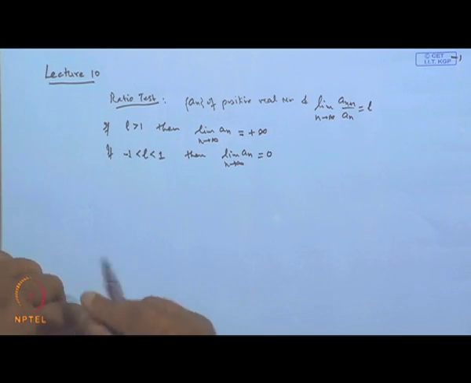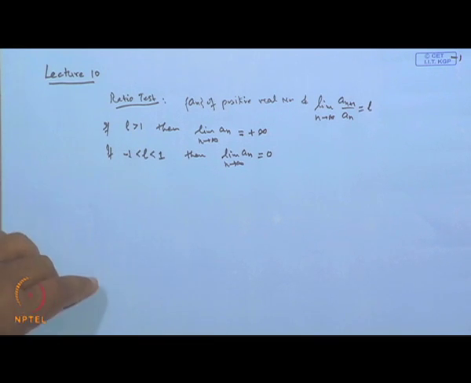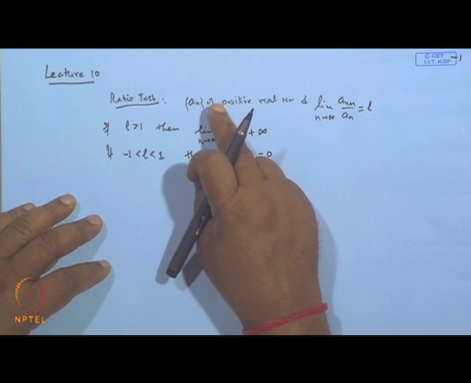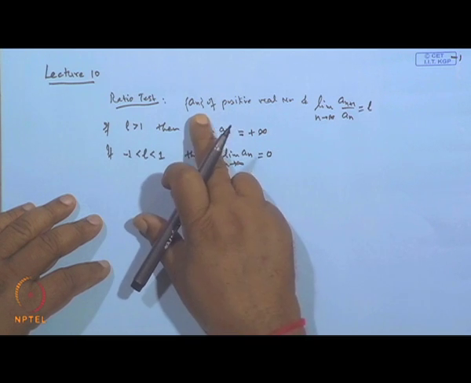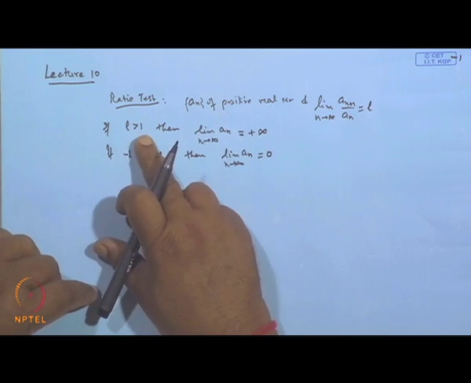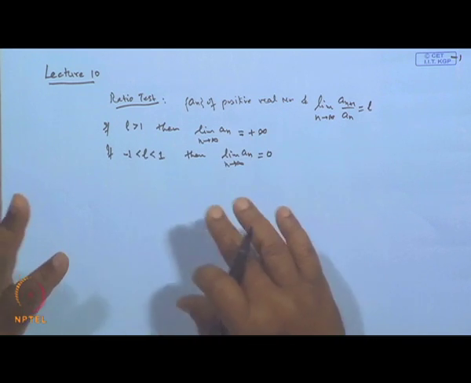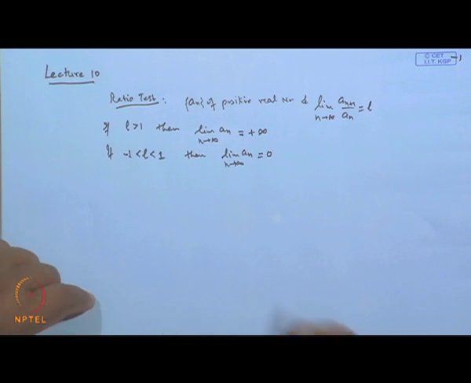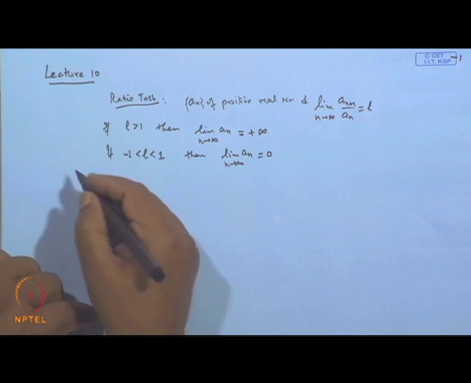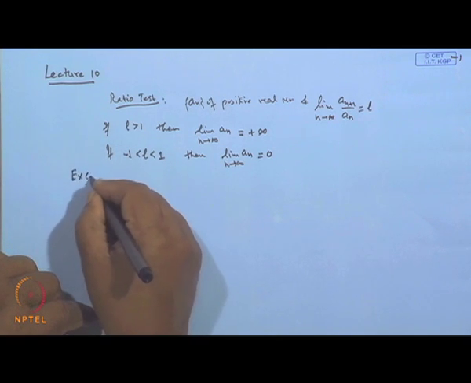And a particular case is when L is less than 1. If the terms are negative, then we can take the minus sign out and get the results, okay, for the alternating case. So, let us see the exercise based on this.